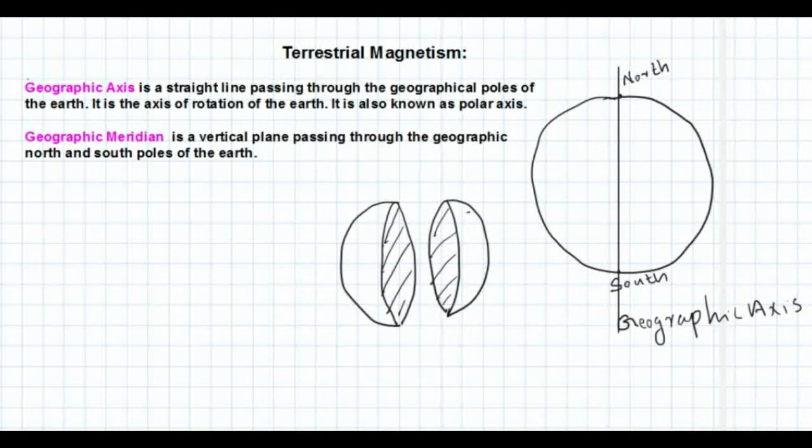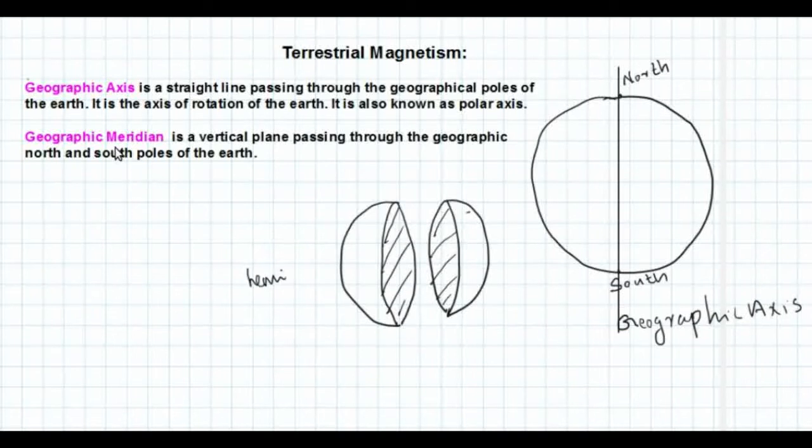So we can assume this Earth is formed out of two hemispheres as shown here. This is the plane of this hemisphere, and this is another plane of the second hemisphere. You can assume that this plane is nothing but a geographic meridian, because this plane passes through the north and south poles.